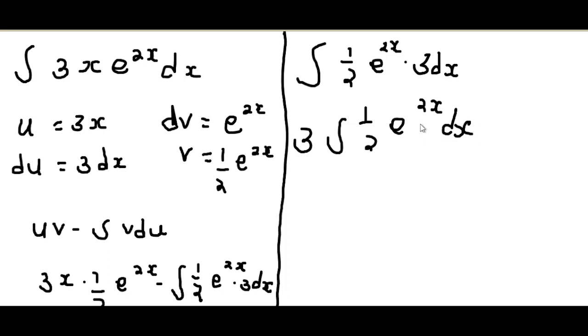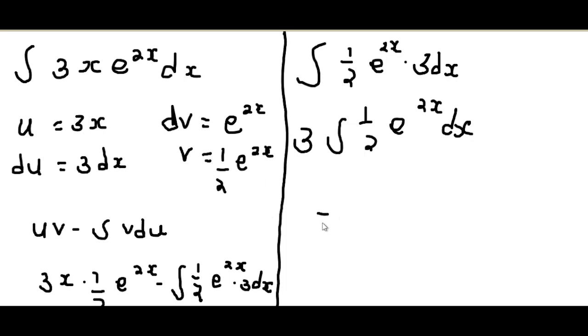When we integrate a half e^(2x), we are going to be left with a quarter. From the last video that I made on the integration of exponentials, you can look at it, so you may have a broader understanding of integrating exponentials.